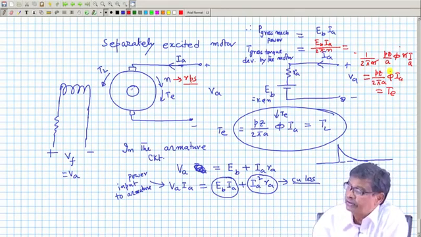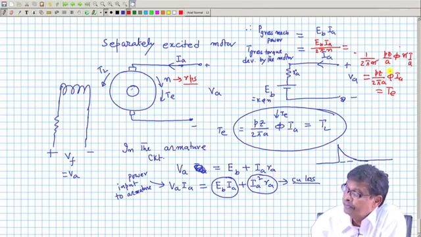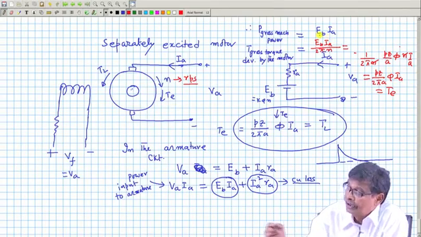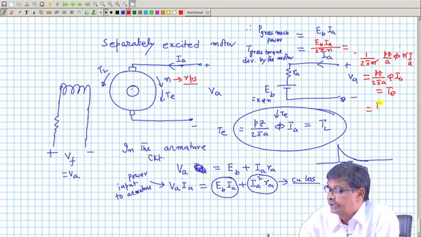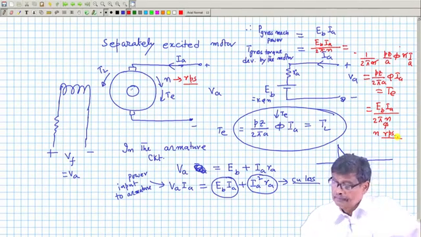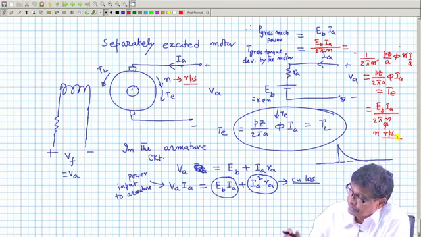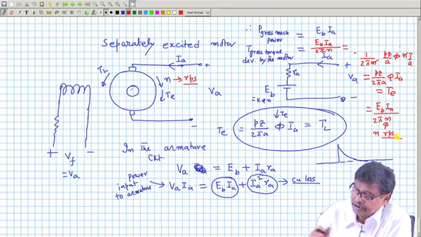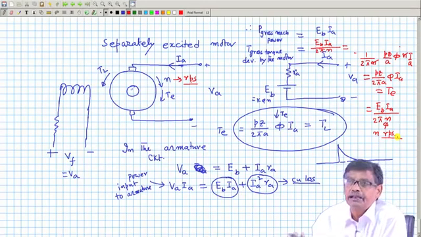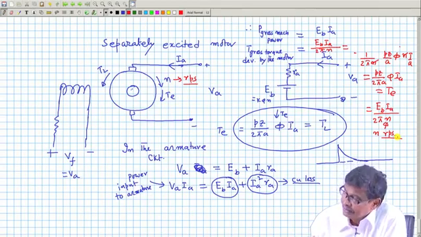So, to calculate the gross torque developed, you can use this formula as well. Torque is basically Eb into Ia by 2 pi n, but do not make the mistake: n should be in RPS. So, we now know how a DC machine operates steadily.